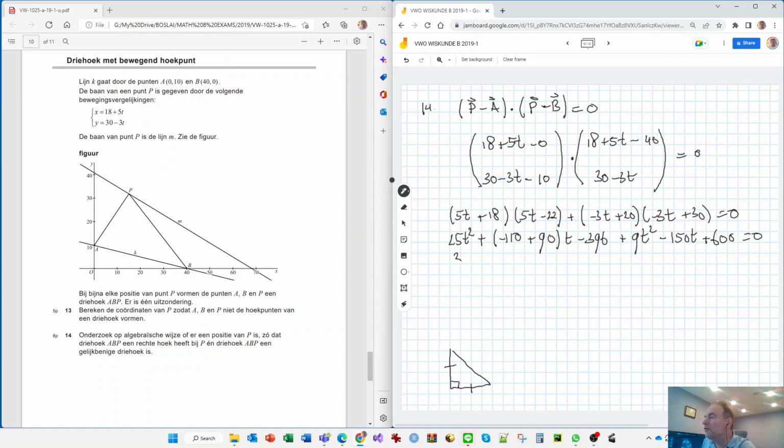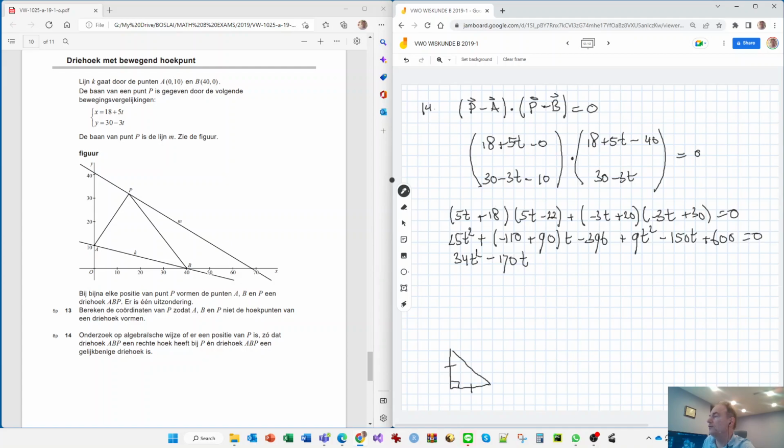Alright, so 34t squared. And how many t's do I have? This is minus 20. And this is minus 150. Oh, I get minus 170t minus 396 plus 600. I can do that by head.